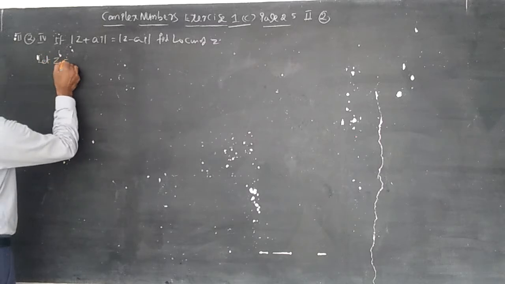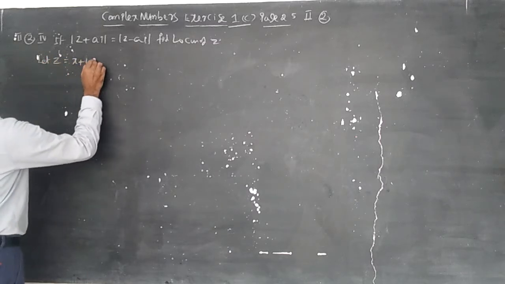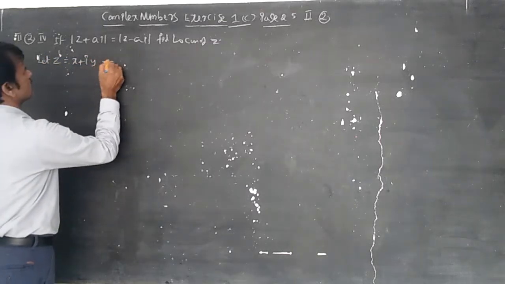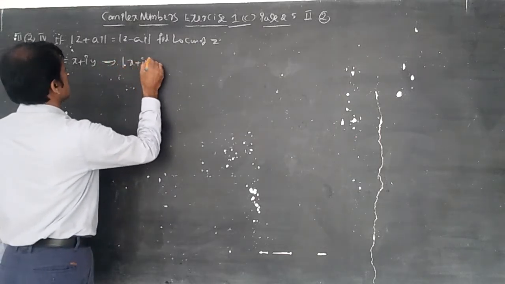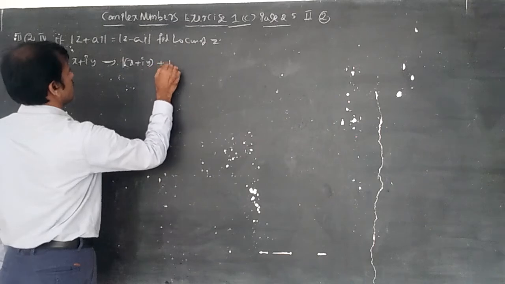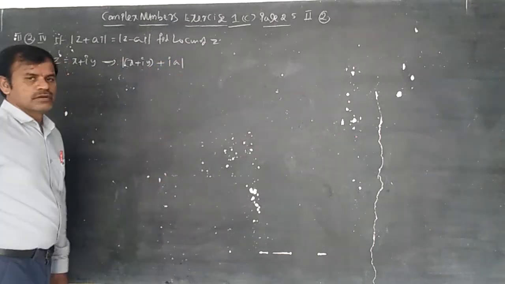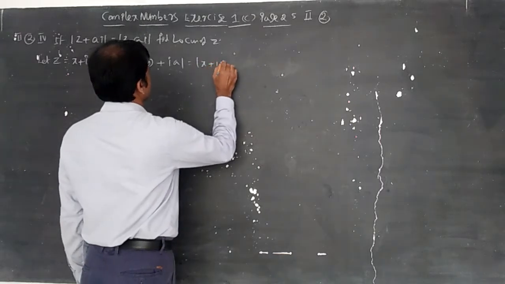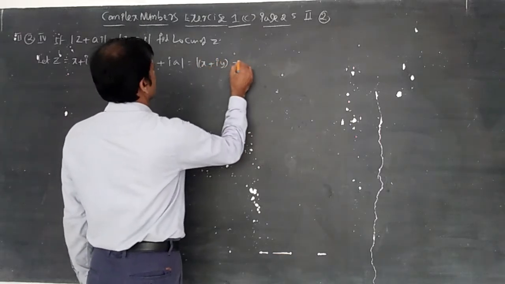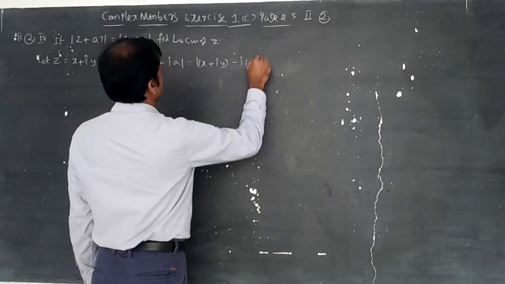Let z is equal to x plus iy. Write the condition: modulus of x plus iy plus i into a is equal to modulus of x plus iy minus i into a.